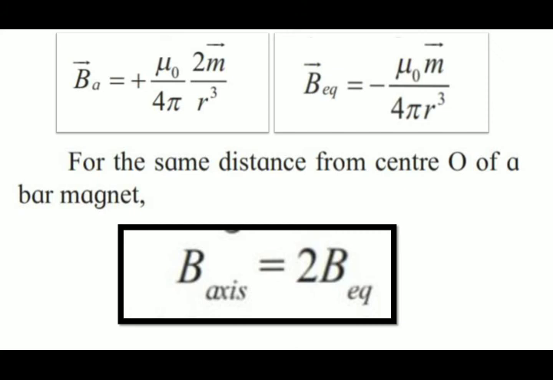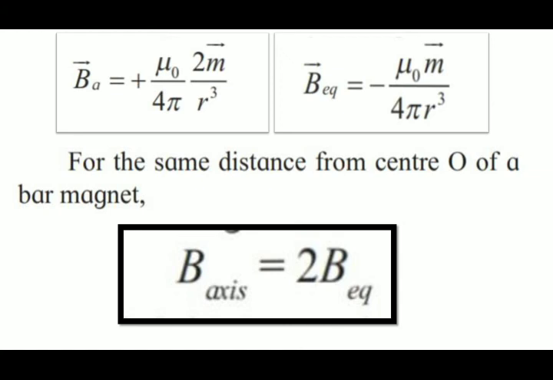Or what you can say is, B axis is mu naught upon 4 pi, 2m upon r cube, equation number 1. Then you write B equator as mu naught upon 4 pi, m upon r cube, equation number 2. Now in equation number 1 you can substitute equation number 2.